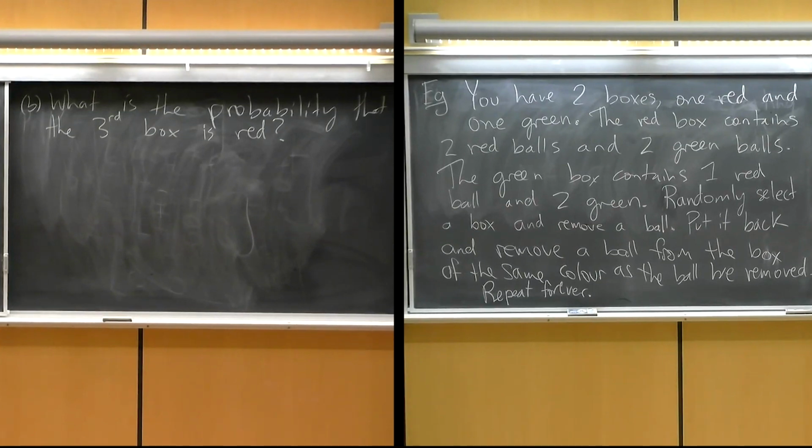Okay. So this S0 tells me the probability that the first box is red or green, right? So this tells me the first box probabilities, but how would I get to the third box or even the second box? Any thoughts?